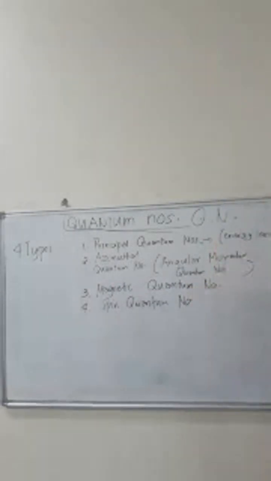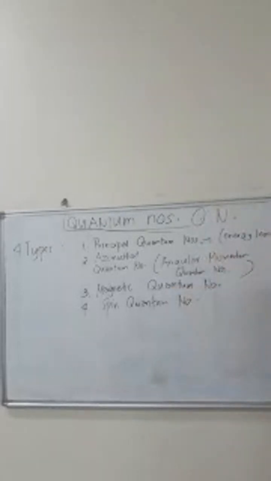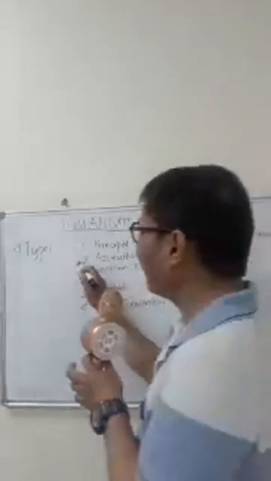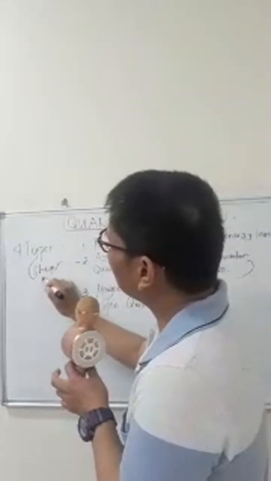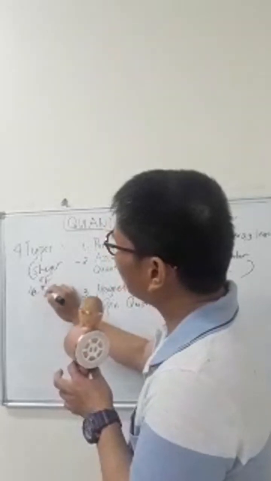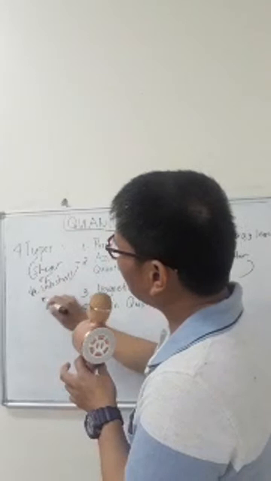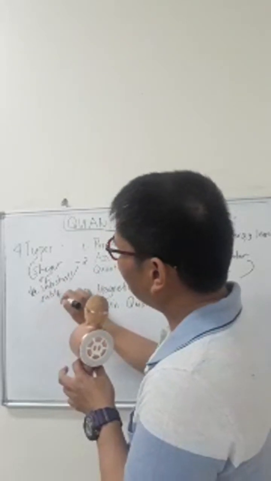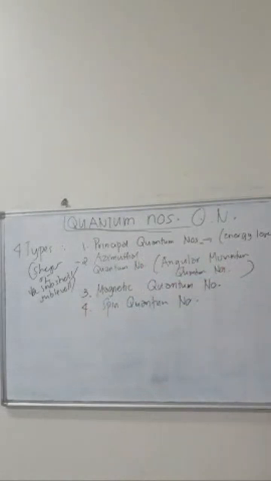Going back to the azimuthal quantum number, the angular momentum quantum number, it has to do with the shape of the subshell or the sublevel. You need to understand the shaping. And somewhere along the way they will be oriented in the XYZ axis.